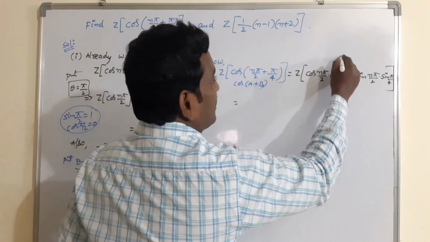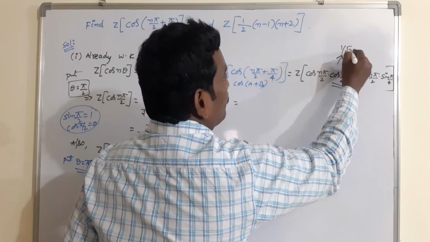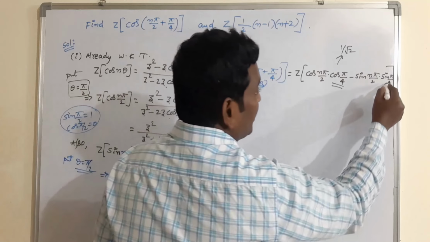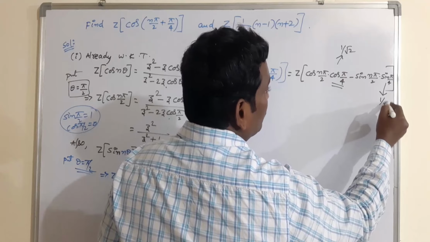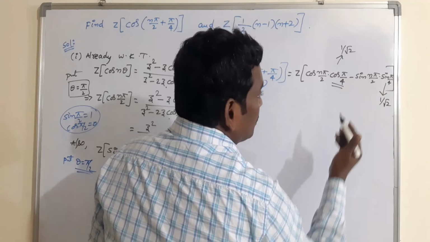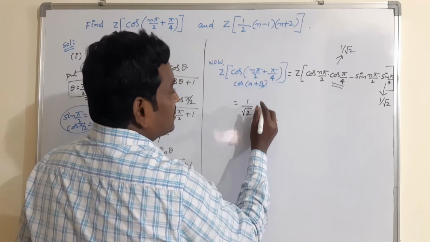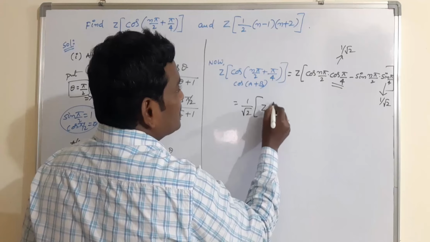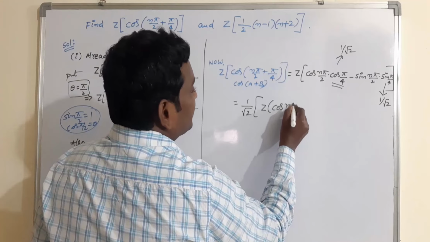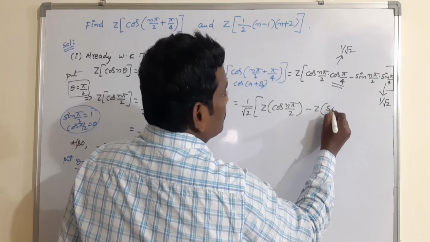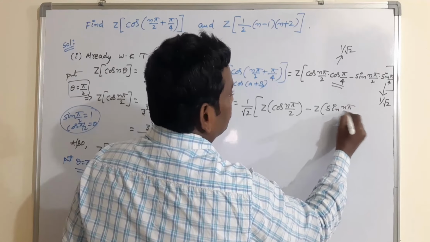1 by root 2. Cos pi by 4 value is 1 by root 2. Pi by 4 is nothing but 45 degrees. Cos 45 is 1 by root 2. In the similar way, sin pi by 4 is also 1 by root 2. So 1 by root 2 is the common term right outside of the operator Z, and split the terms. Z transform of cos n pi by 2 minus Z transform of sin n pi by 2.